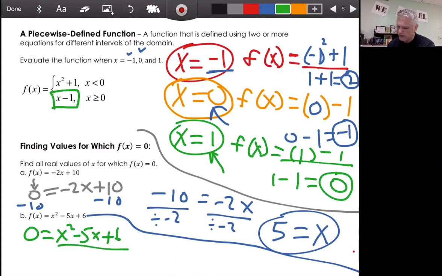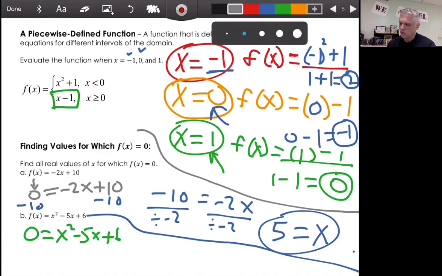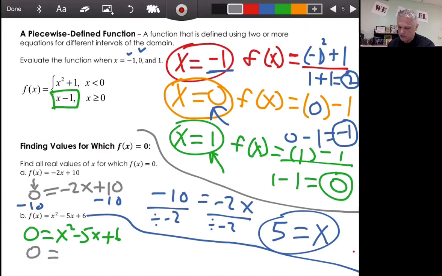It's a quadratic. It's a trinomial. There are 3 terms. So we have been factoring, which is great because now we can use a little bit of this factoring. Okay, the product is going to be positive 6, and the sum is going to be negative 5.